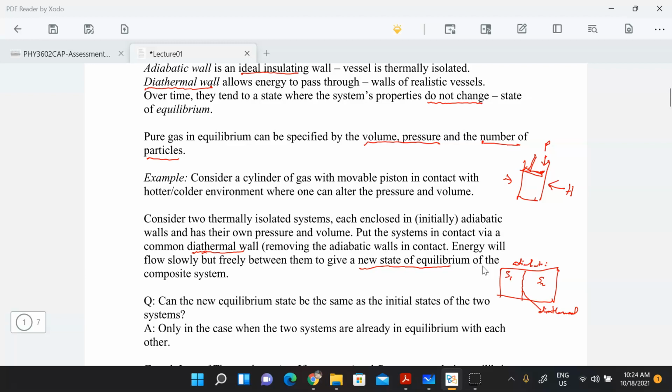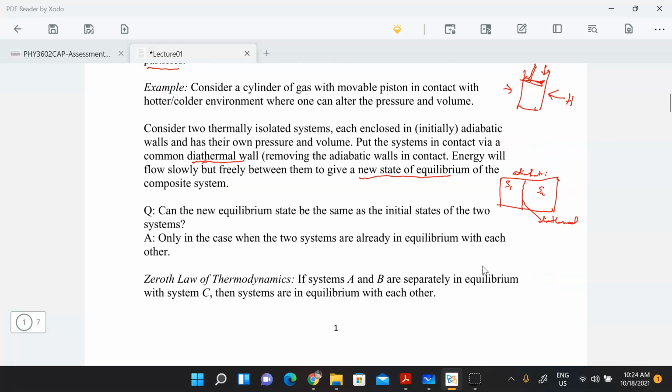And this idea becomes the basis of the Zeroth Law of Thermodynamics. If one system, say system A, is in equilibrium with another system C, and B is also another system which is in equilibrium with system C, then one can easily say that system A and system B are also in equilibrium with each other.